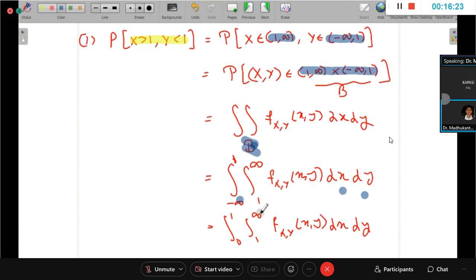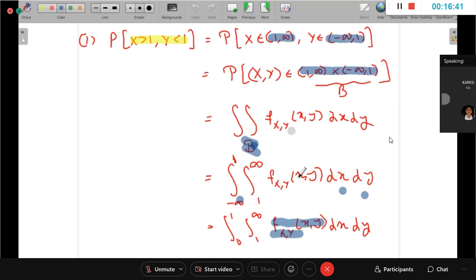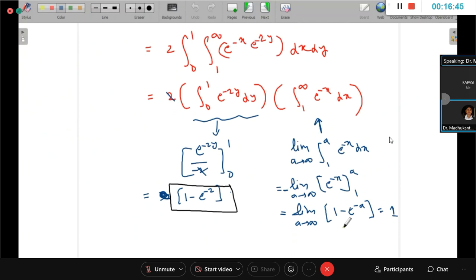Now, for x from 1 to infinity and y from 0 to 1, you have to evaluate this over this region. So now you substitute this f(x, y), that is 2 times e to the power minus x times e to the power minus 2y. Now substitute here in the integral and solve it out.